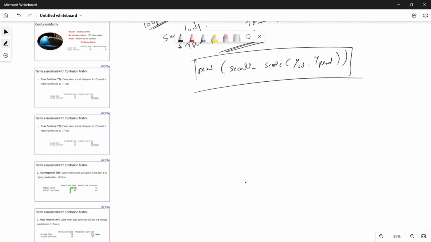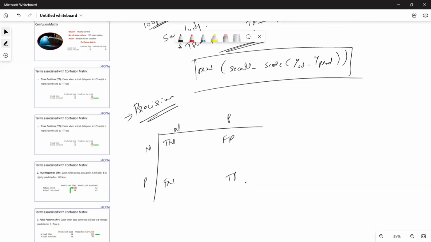Next, I would say the next important topic is precision. These two concepts will go hand in hand. Now, precision, let me start with the confusion matrix. True negative, false positive, false negative, true positive.